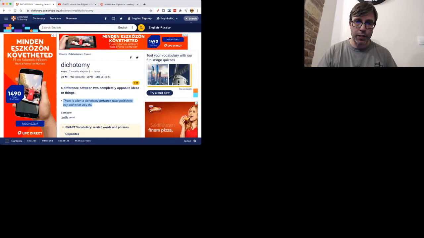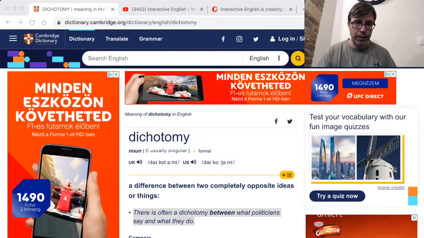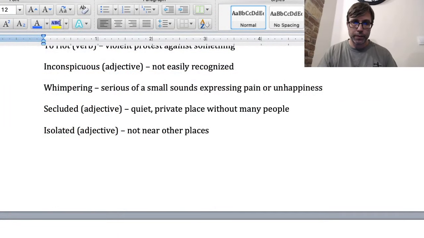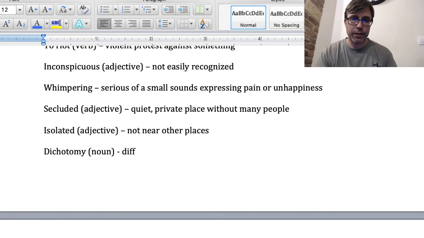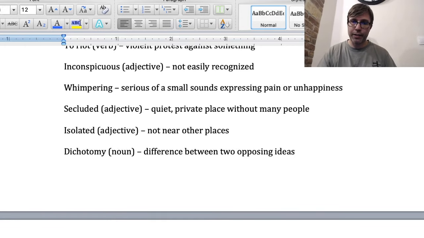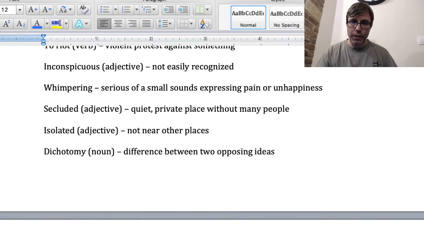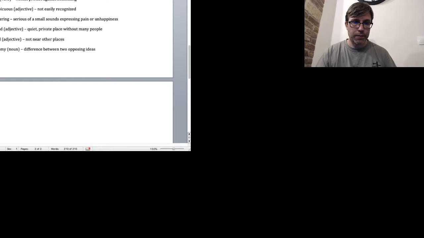So if we go back to our vocabulary list and add dichotomy, which is a noun: difference between two opposing ideas. All right, excellent.